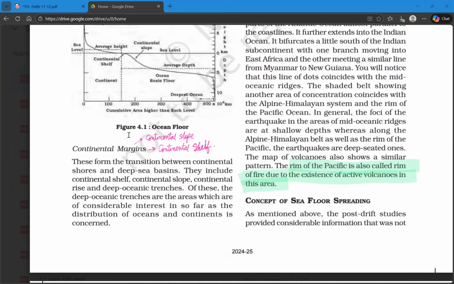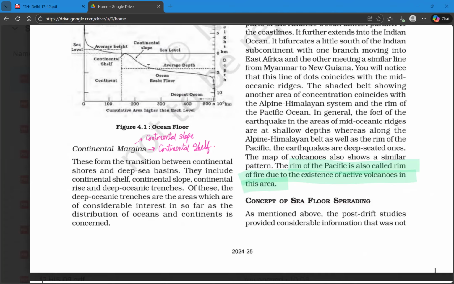What are continental margins? These form the transition between continental shore and deep sea basins. They include the continental shelf, continental slope, continental rise, and deep oceanic trenches.